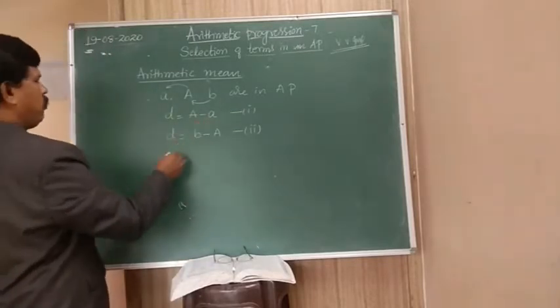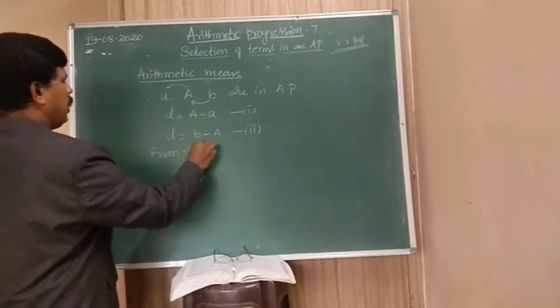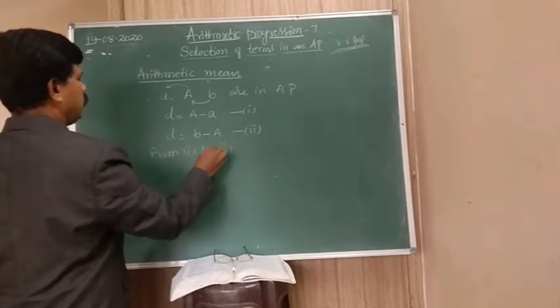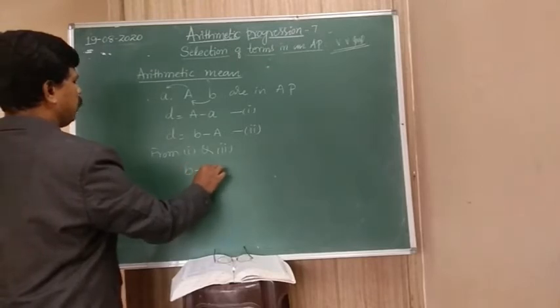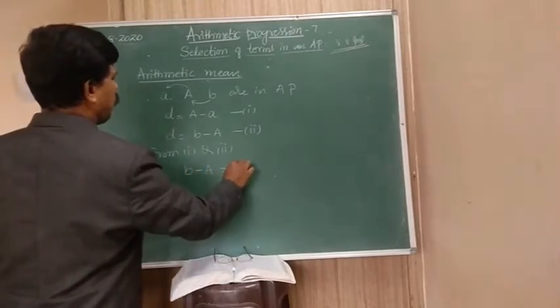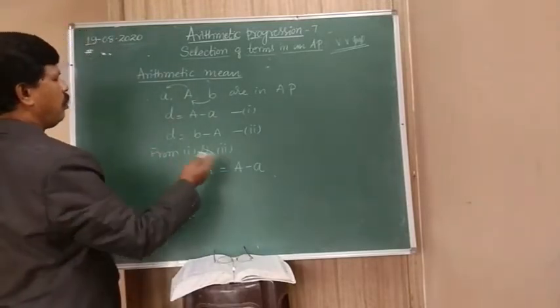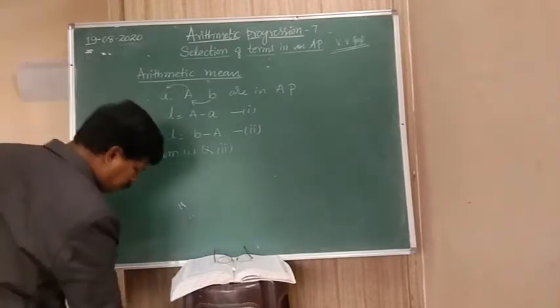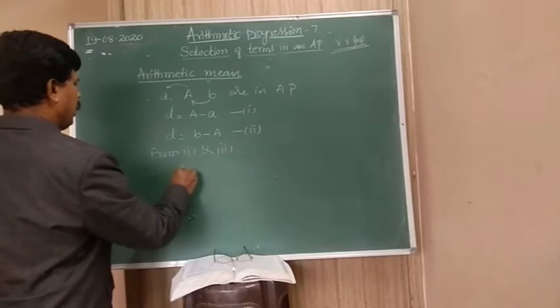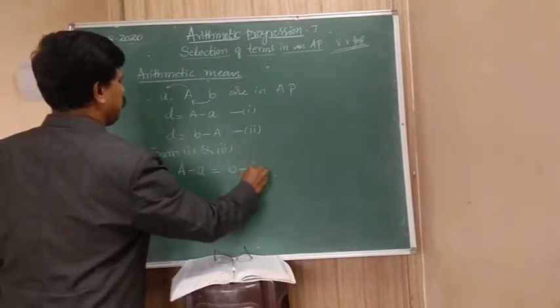Now from 1 and 2, what can you write? First, b minus A is equal to A minus a. Clear? Or you can write A minus a first itself: A minus a is equal to b minus A.